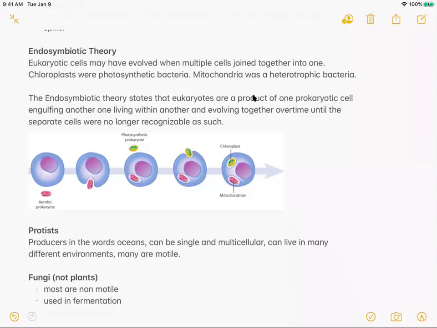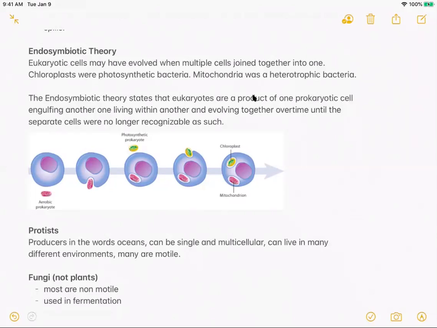Basically, the endosymbiotic theory states that eukaryotes are a product of one prokaryotic cell engulfing another one, living with another, and evolving together over time until the separate cells were no longer recognizable as such. In the diagram, you can see that this one prokaryotic cell met up with an aerobic prokaryote, which would eventually become your mitochondria.